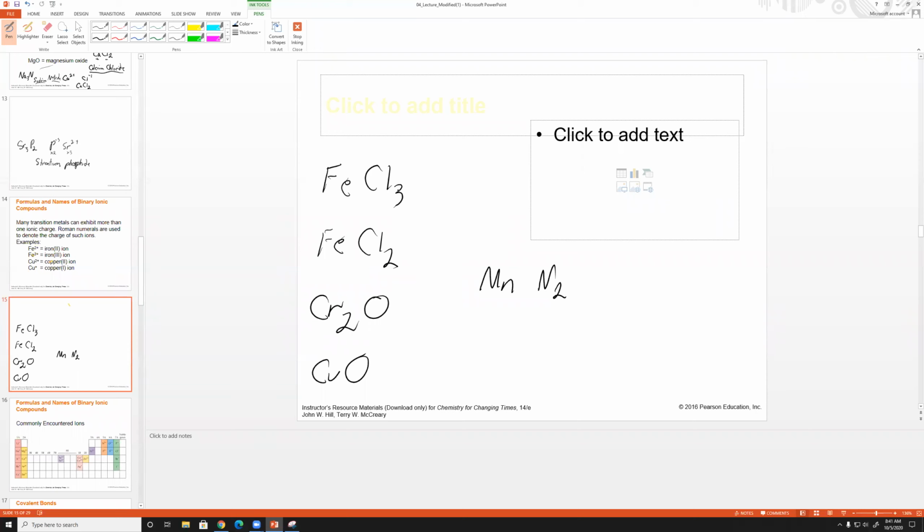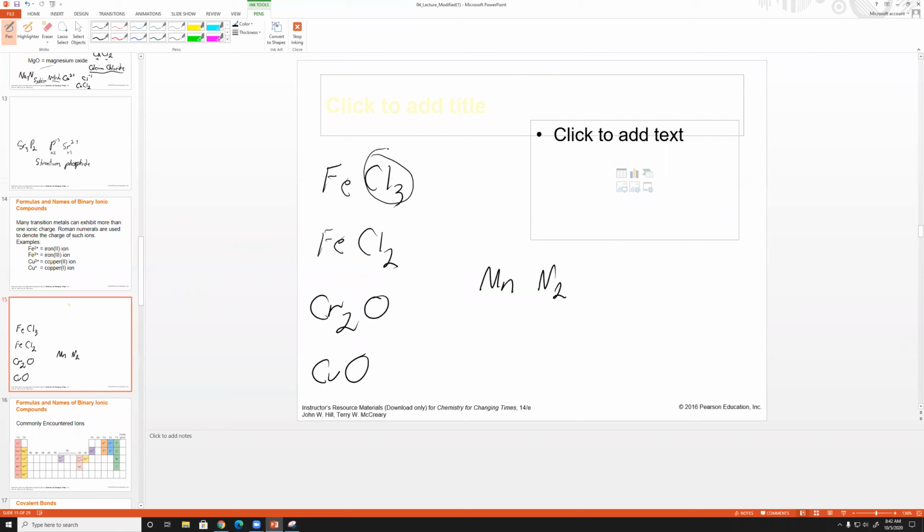Whenever we're naming bonds, covalent, ionic, whatever, transition metal, non-transition metal, whatever, we first need to determine what type of bond it is. Since we've only talked about ionic, it's ionic. Furthermore, we need to figure out which of the atoms we know the charge of from just looking at the table. For chlorine, we know the charge.